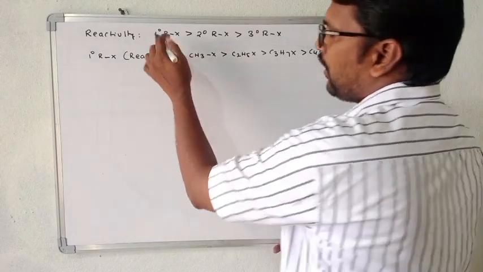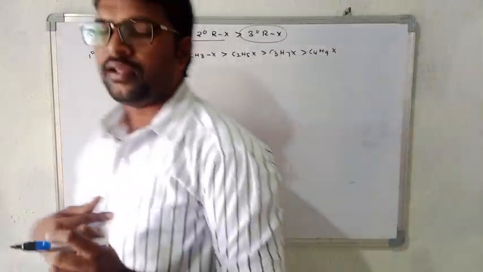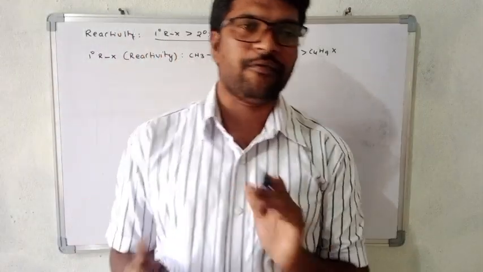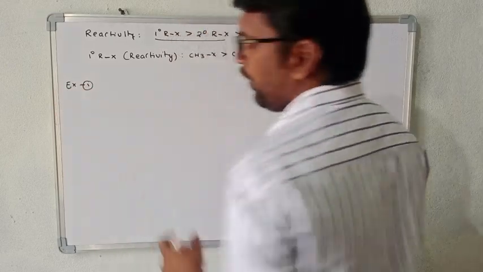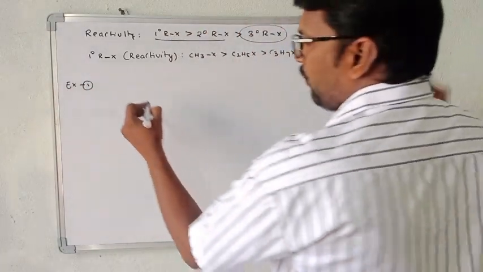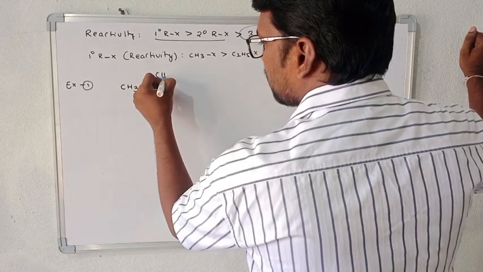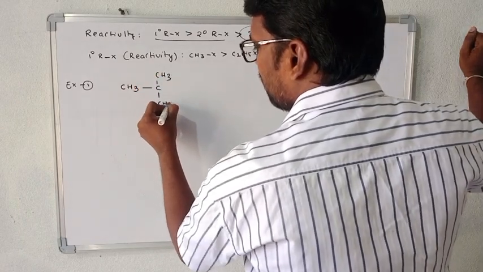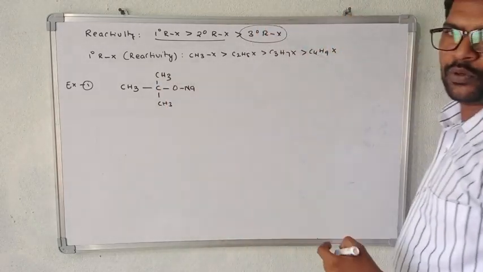And if a tertiary alkyl halide is present, in that case ether is not formed. For example, if you want to prepare a tertiary ether, I take two conditions. CH3, CH3, CH3, ONa, it is sodium tertiary butoxide.